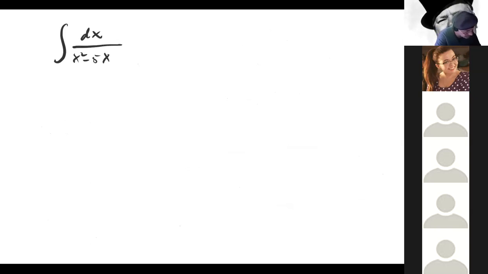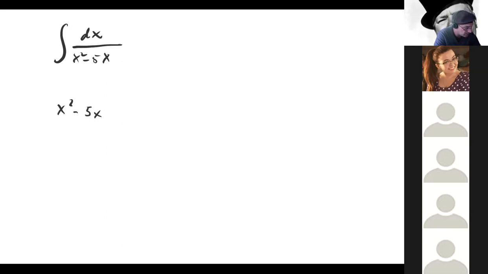All right, so there's no square root here. That's the problem. But I'm still going to do what I did if there were a square root. I'm going to actually complete the square. So what happens when we complete the square? We take the middle term, 5, divide it by 2, and square it.